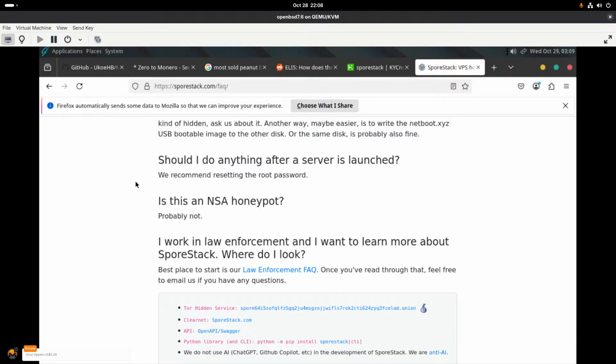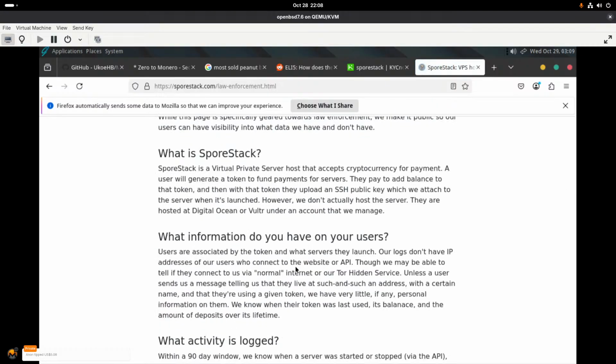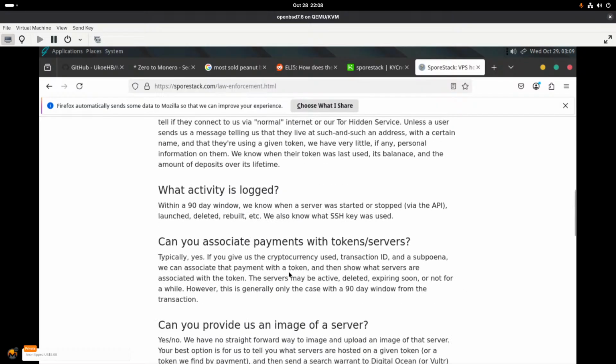I work in law enforcement. I do want to learn more about SporeStack. Where are the best places to reach law enforcement? If you read through that, feel free. Within a 90-day window, we know that a service was started or stopped via API, launched, deleted.